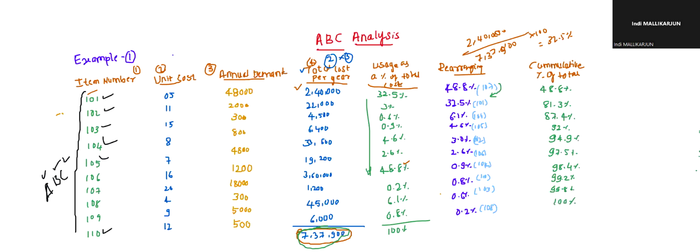So based on this value, now we have to classify. Based on this cumulative percentage only, we have to classify the items, right? So here we got the cumulative percentage. What is our ABC analysis?